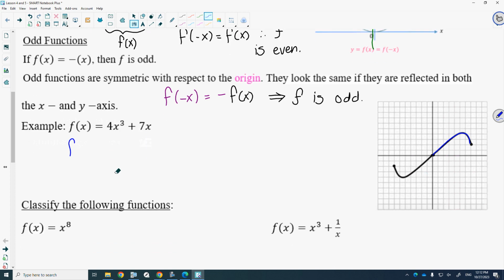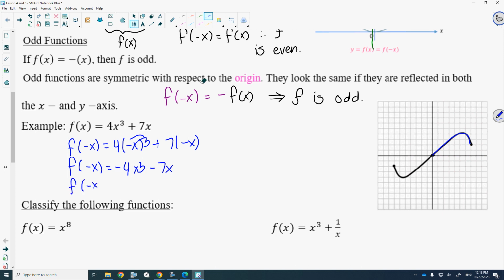So let's prove this one. F of negative x is equal to 4 negative x cubed plus 7 negative x. F of negative x is equal to negative 4x cubed minus 7x. I'm going to factor out a negative 1.